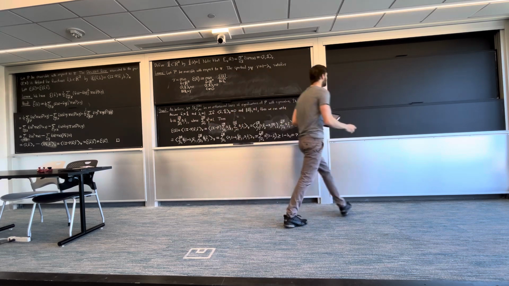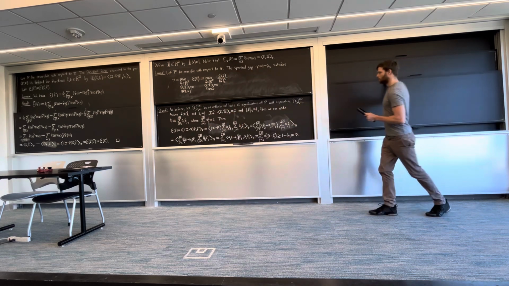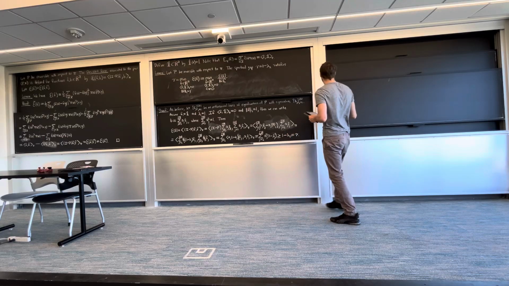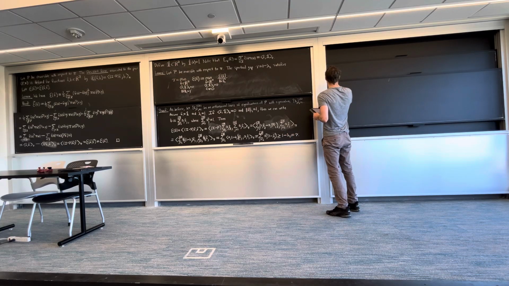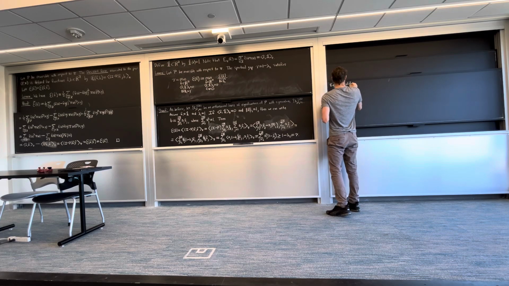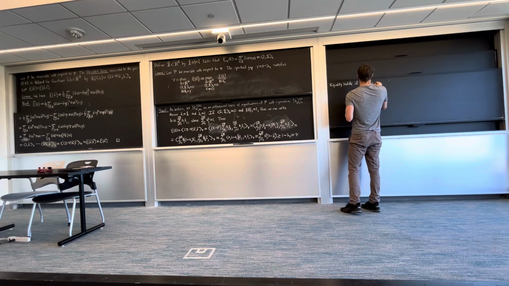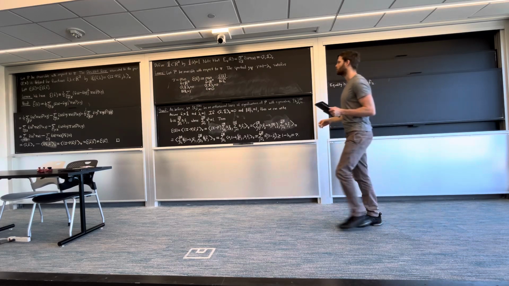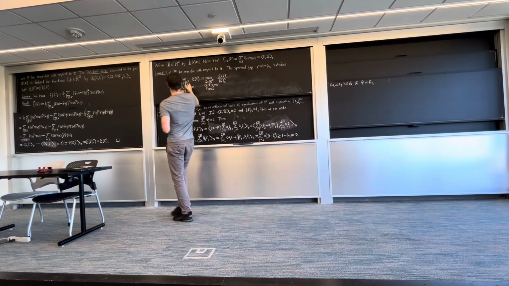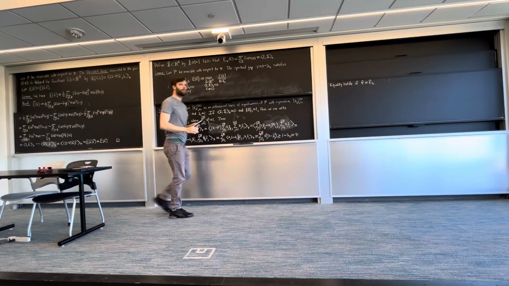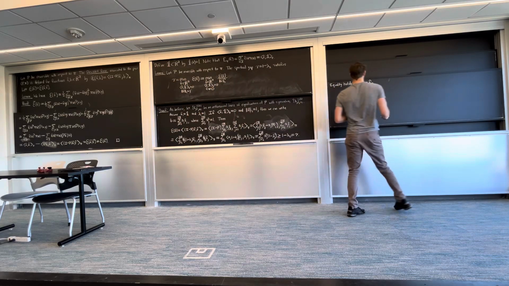Okay, so in this inequality here, equality holds if we take f to be the eigenfunction f2, so that shows that actually this minimum is equal to the spectral gap.